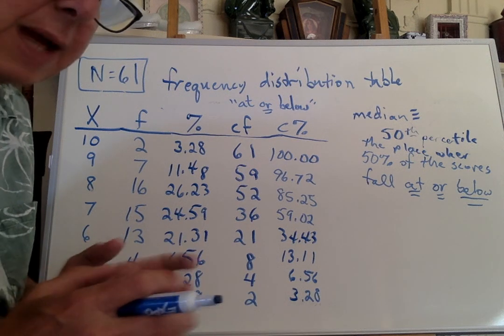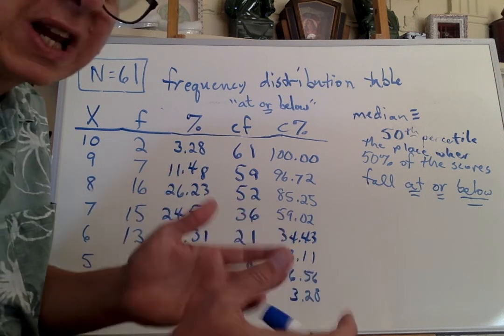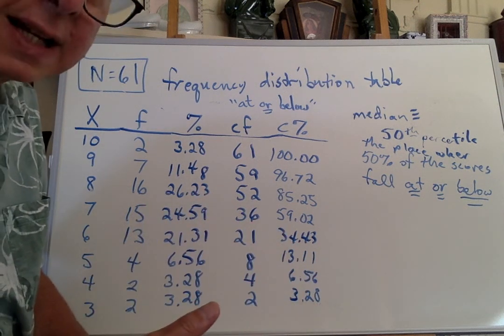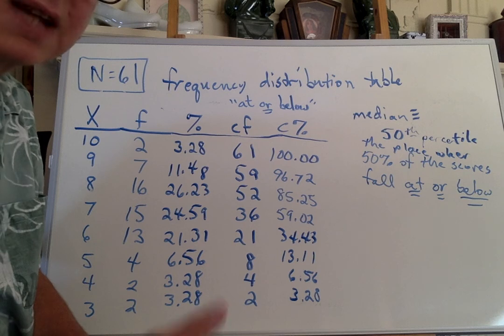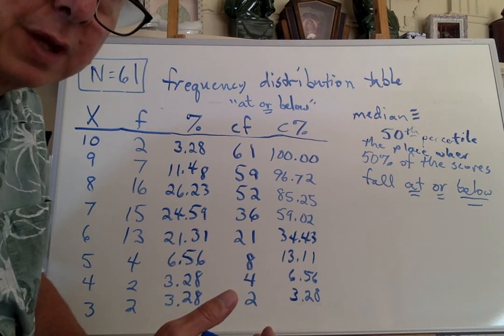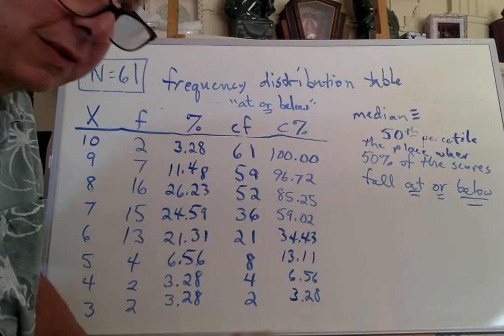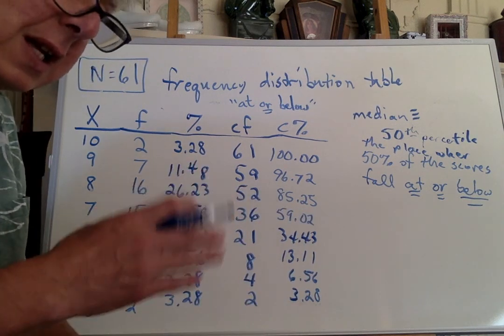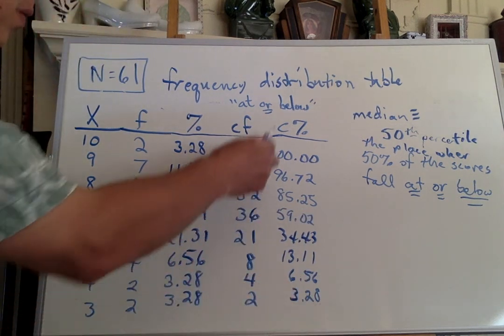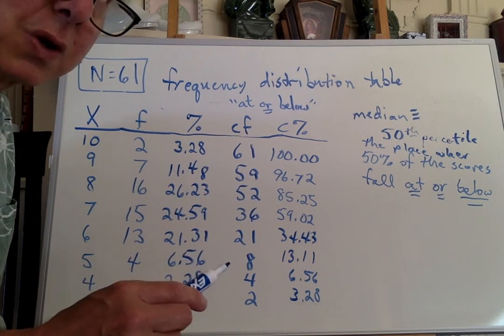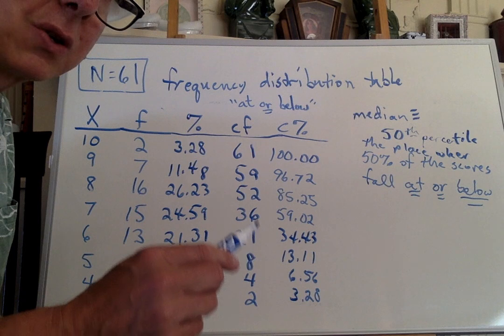And by the way, it has nothing to do with a 50% on the exam. You could have a 92% on the exam and still be at the 50th percentile. You could get a 32% on the exam and still be at the 50th percentile because we're counting people. It's the place where 50% of the scores fall at or below.